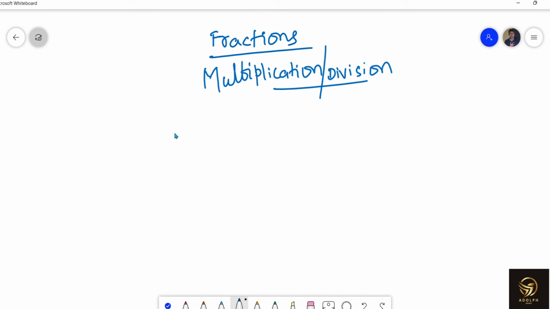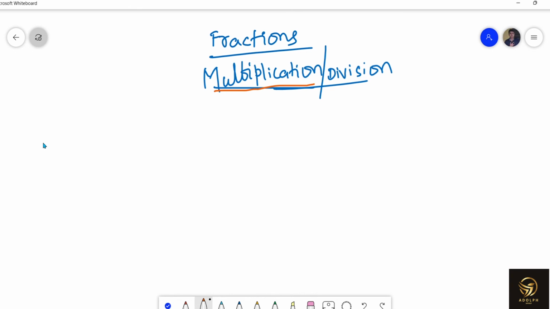Then after that, it should not change, and the operation should happen only at the numerator. Here in multiplication, we have to multiply both the numerators and the denominators. So both are involved in the operation, and we don't have any condition that the denominators or numerators should be the same. Whatever it is, you just multiply the numerators and multiply the denominators.